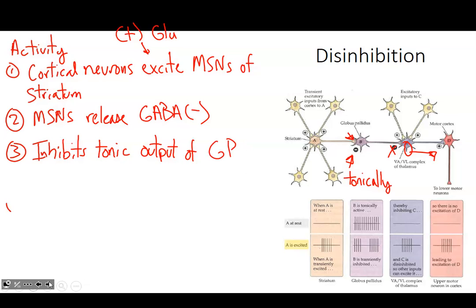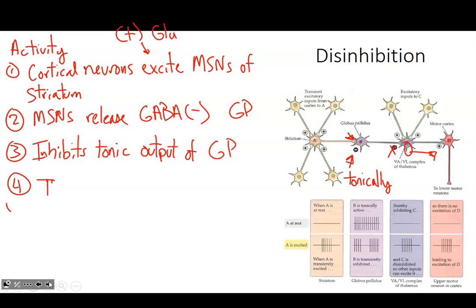I didn't mention that, but in step 2, right, these medium spiny neurons releasing their GABA, they're releasing it onto the globus pallidus. So that tonic activity, because the globus pallidus neurons are spontaneously firing, when they're inhibited, they'll no longer spontaneously fire.